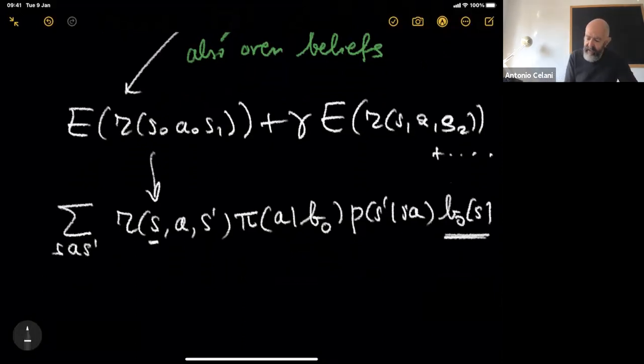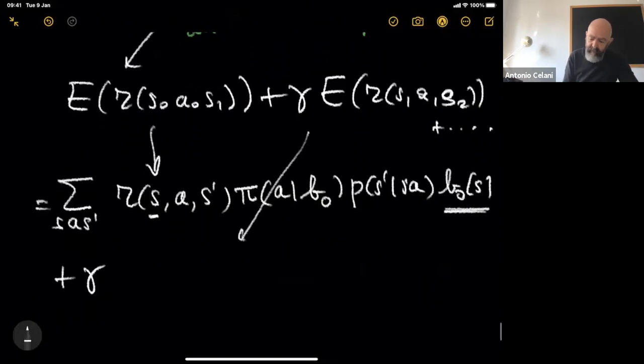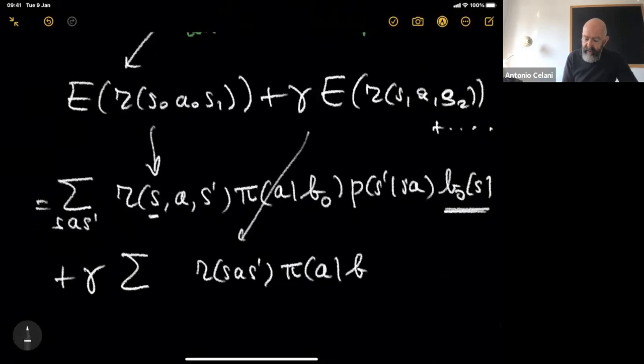So if I write it explicitly, I have a sum, and I will fill it in. Now I always have rewards, states, and actions, only that now my policy is taken with respect to the new belief, which depends on the action I took at the previous time. Let's call this A1, and this A0, and the observation I took at the previous time, 0.